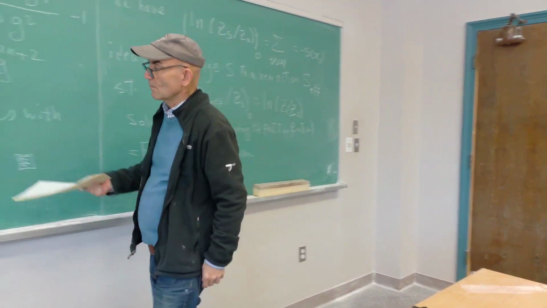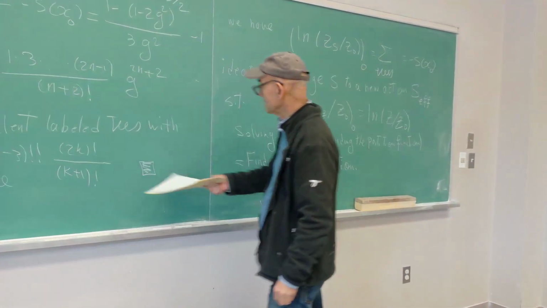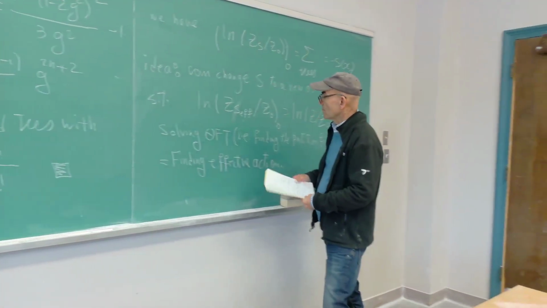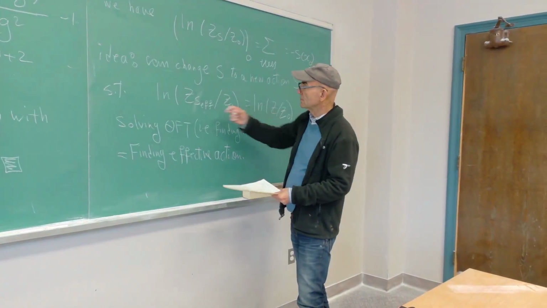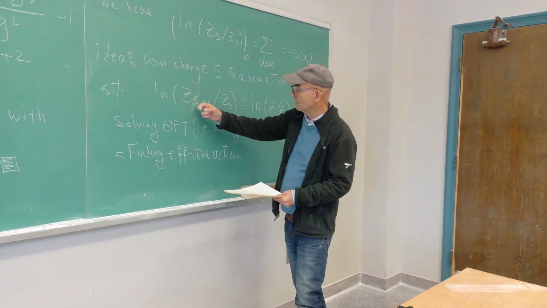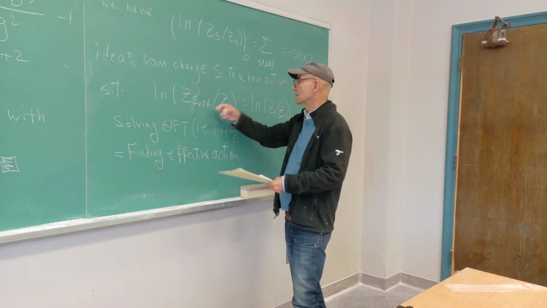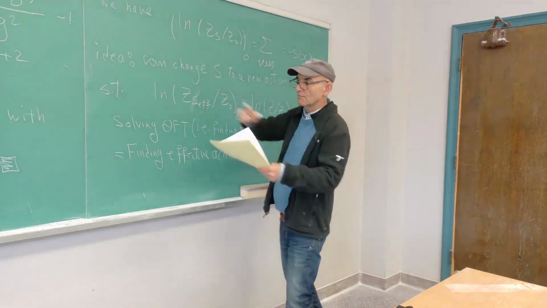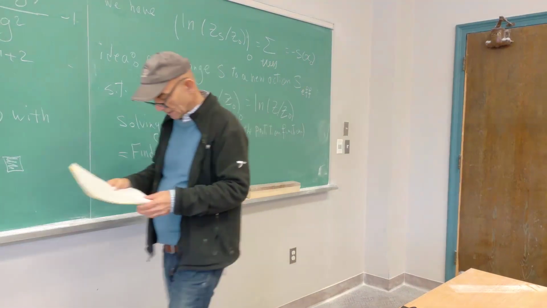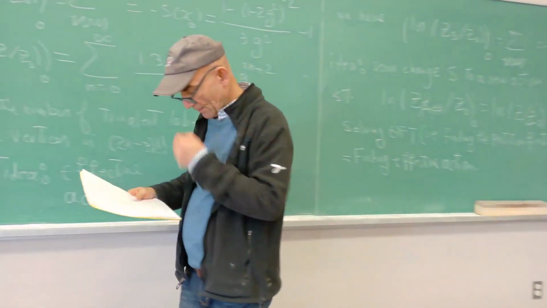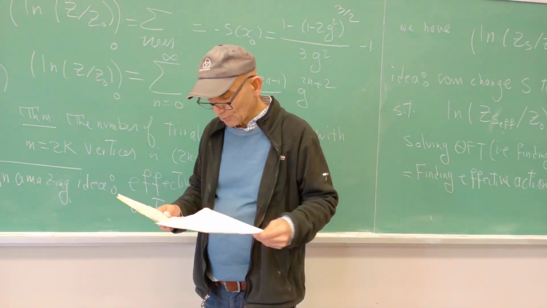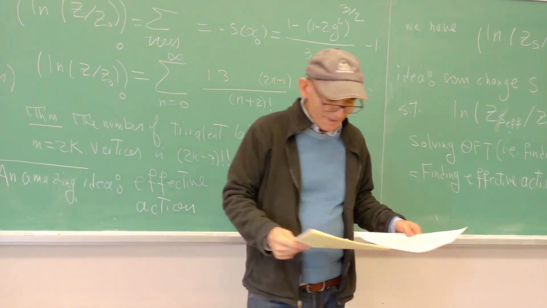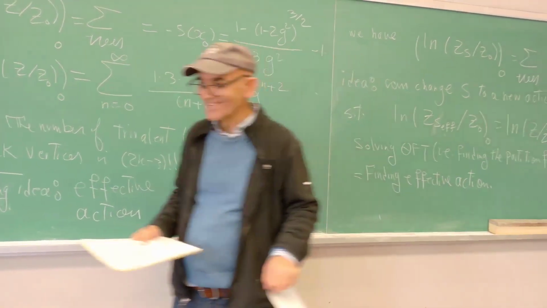And the thing is, this exists. There is a perturbative expansion of S effective in terms of S, and then corrections, which are governed by powers of ħ. I'll try to explain next. I'm not sure I can completely explain it yet.